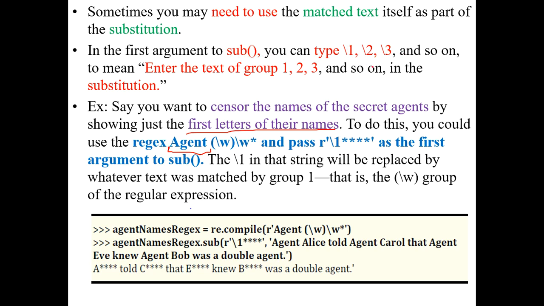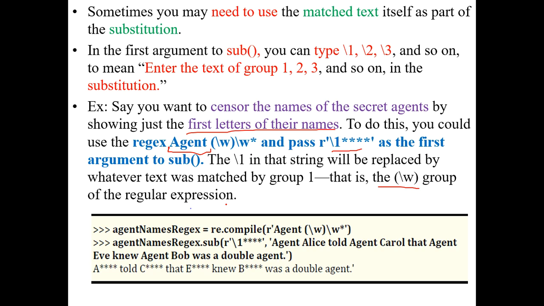So for this pattern matching, it will be substituted with this as the first argument to sub, and the \1 in that string will be replaced by whatever text was matched by group 1, that is this \w group of the regular expression.